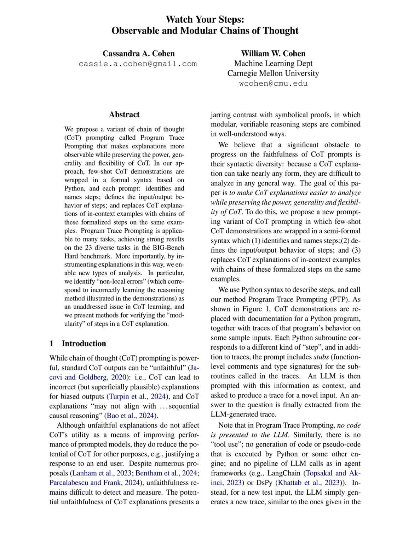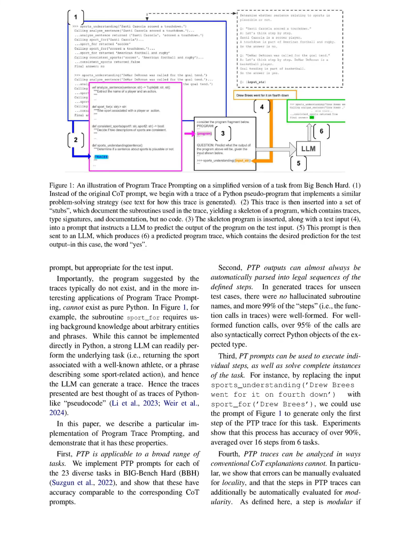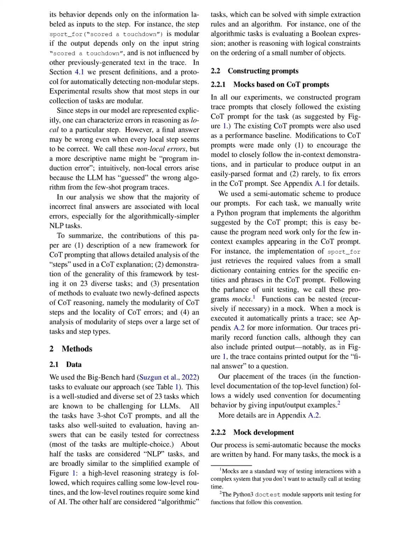Program trace prompting, PTP, offers several advantages over traditional chain of thought, COT, prompts, particularly in error analysis and modularity of steps. Firstly, PTP allows for detailed analysis of the reasoning steps involved in a COT explanation, enabling the identification of local errors specific to individual steps, as well as non-local errors that arise from incorrect algorithmic sequencing. This modularity is defined such that each step's behavior depends solely on its labeled inputs, making it easier to evaluate and characterize errors.